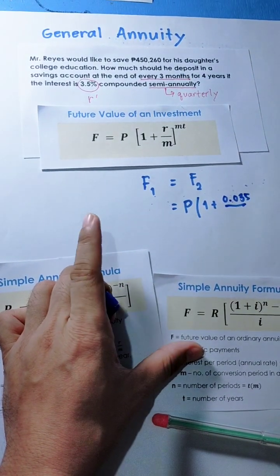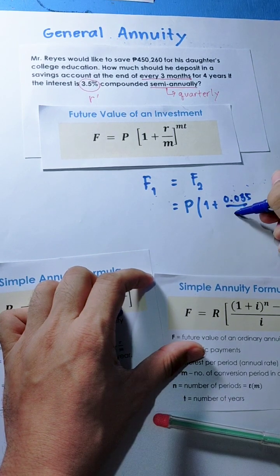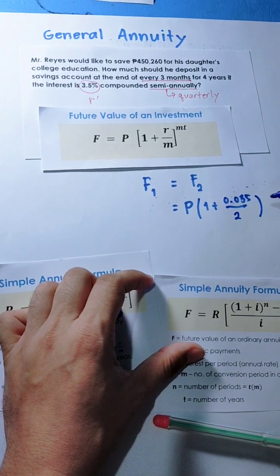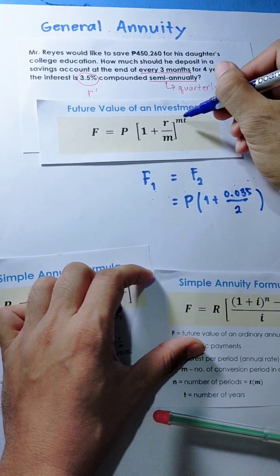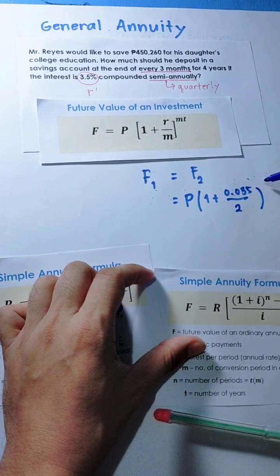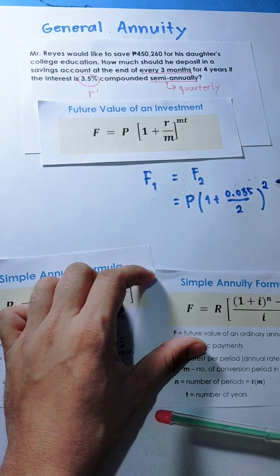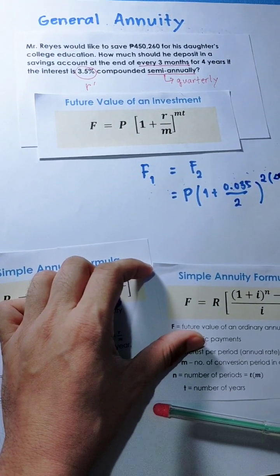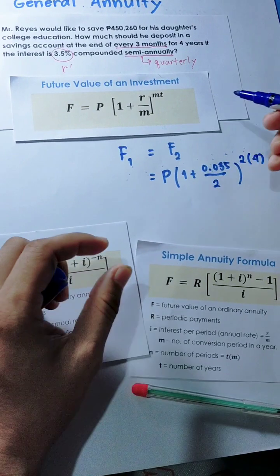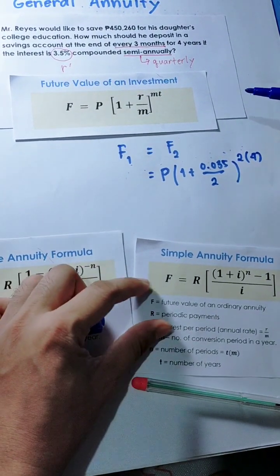How many times is it in a year? Semi-annually, that's 2 times in a year. And then the M times T: our M is 2, and our T here is 4 years, so times 4.